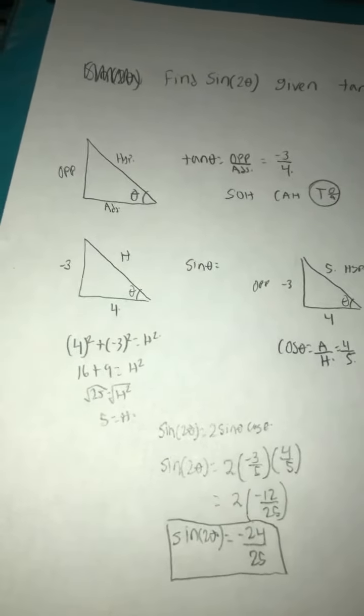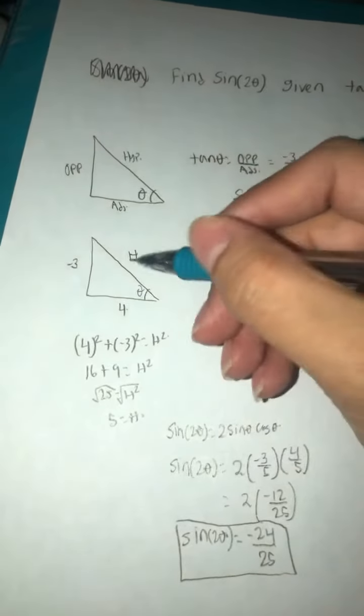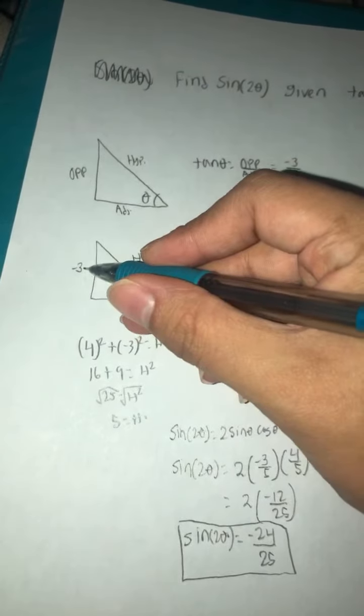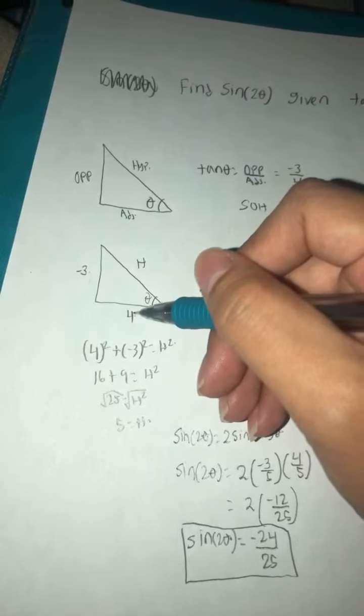And we know that tan theta is negative 3/4, so that's why I put negative 3 here, because that's the opposite side, and 4 right here, because that's the adjacent side, right?